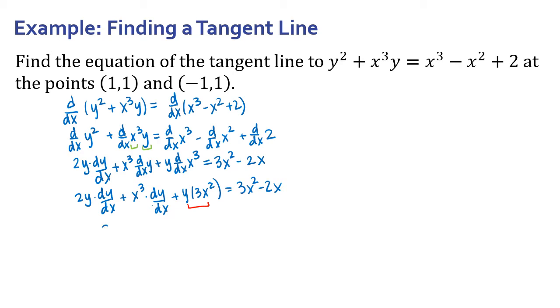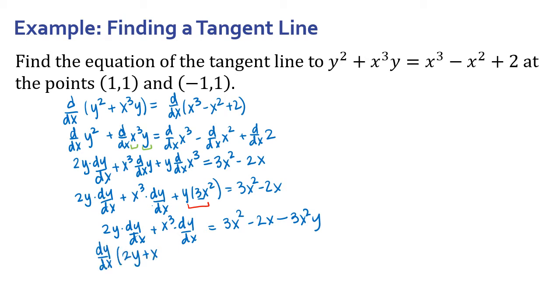So that's going to give us 2y dy dx plus x cubed dy dx equals 3x squared minus 2x minus 3x squared y. I just wrote this piece first. Now I can factor that dy dx out. And I'm left with 2y plus x cubed on the left equals 3x squared minus 2x minus 3x squared y.